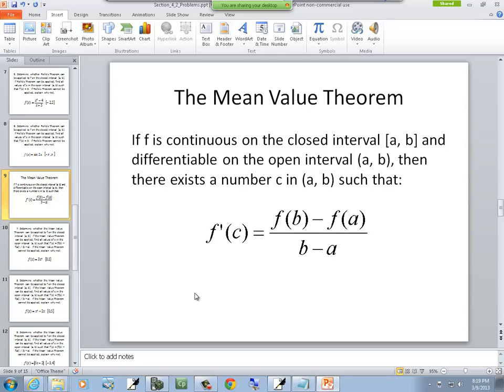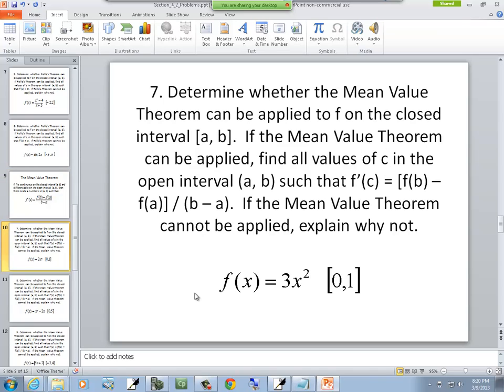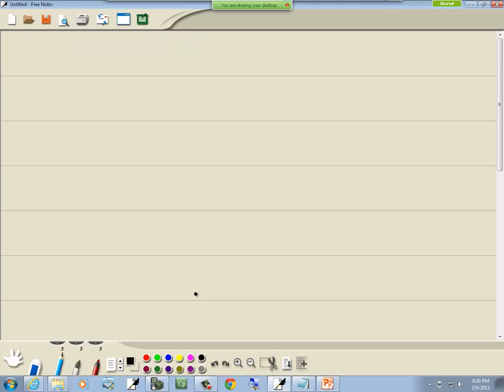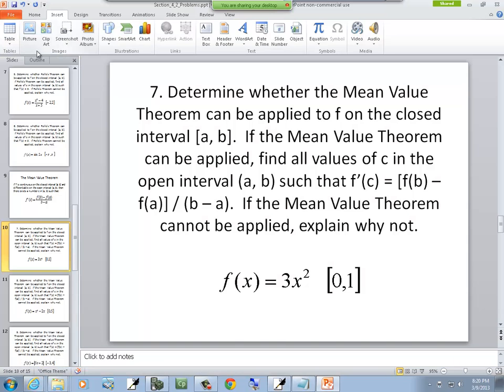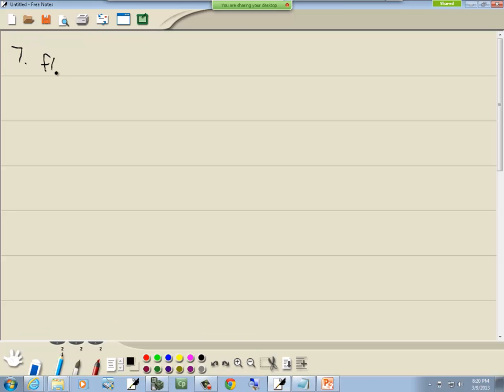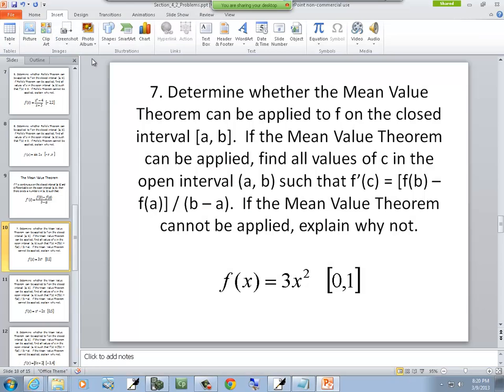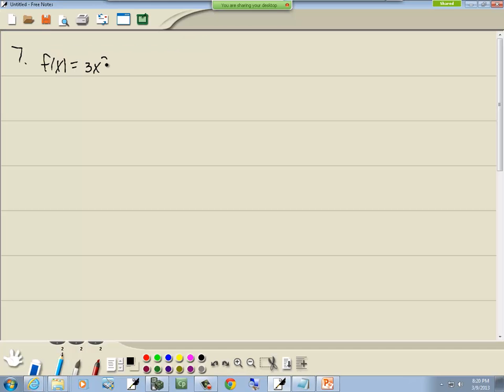Mean value theorem says if f is continuous on the closed interval AB and differentiable on the open interval AB, then there exists a number C in AB such that f prime of C is equal to f of B minus f of A over B minus A. Okay, well let's see what this is saying. We got f of x is equal to 3x squared from 0 to 1.